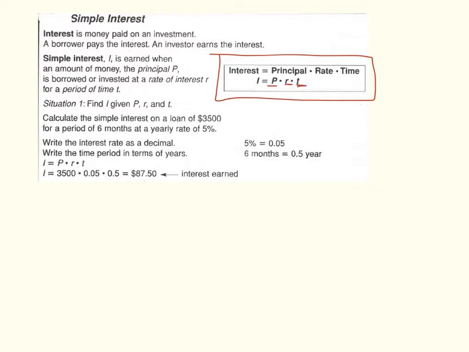If we put in a bunch of money, we multiply that times the percent we're getting, times the amount of time we leave it in, and that'll give us the interest. So every problem we do from now on is going to use this formula. The interest equals the principal times the rate times the time.